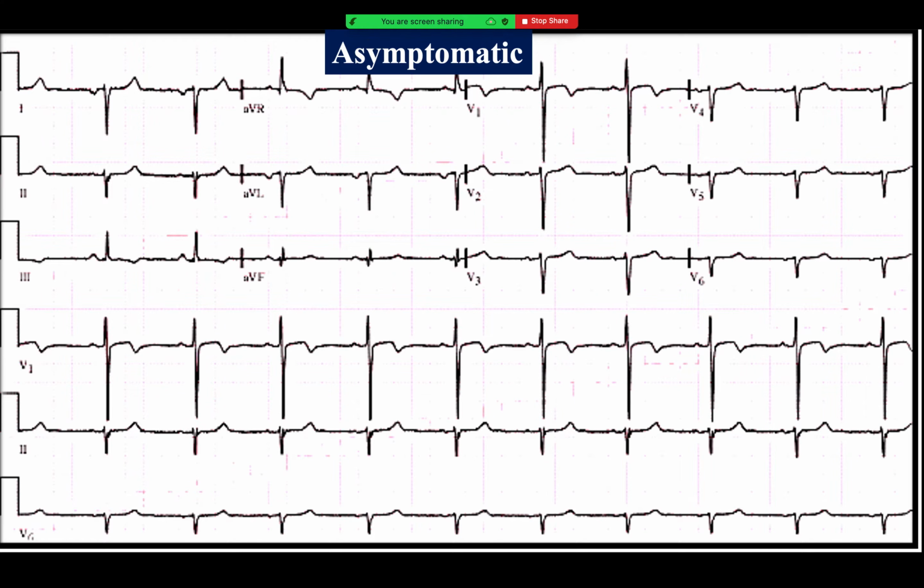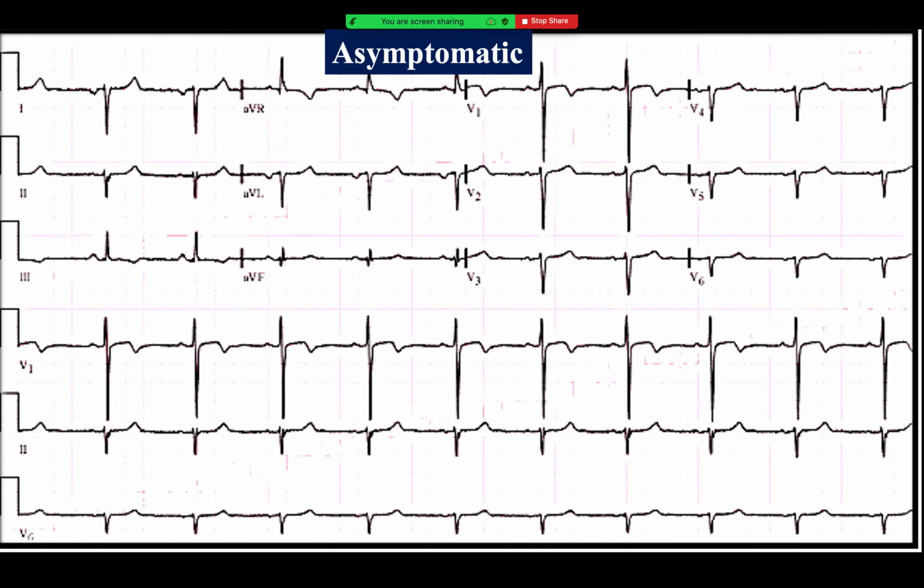This is a patient who is asymptomatic. So, what do we start noticing?